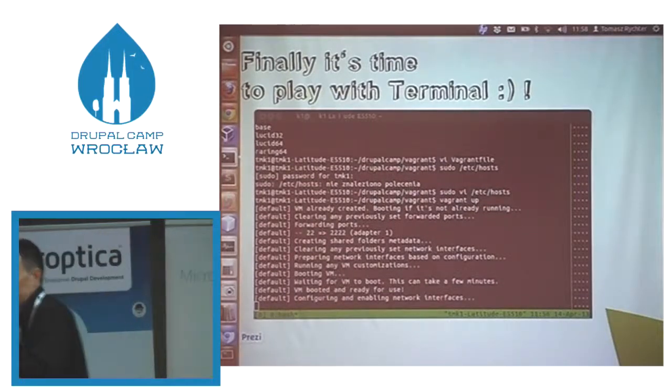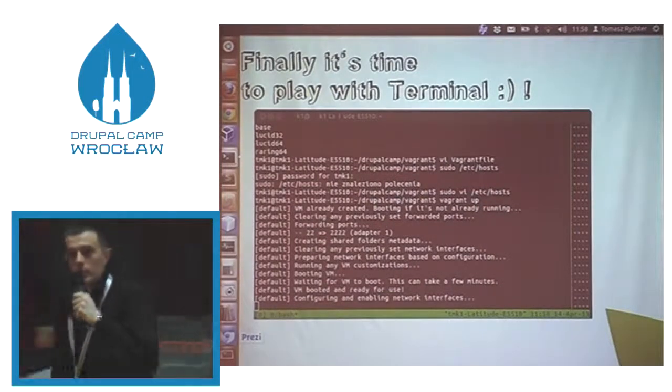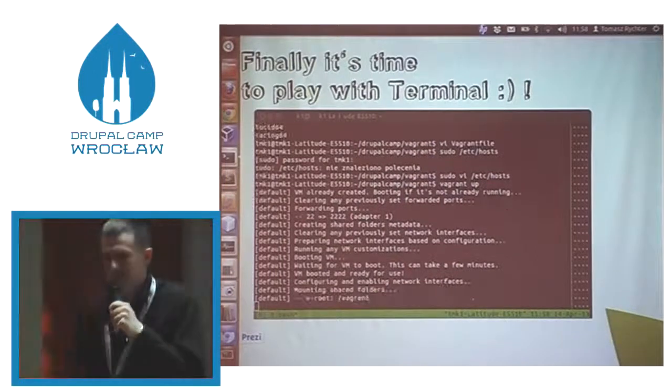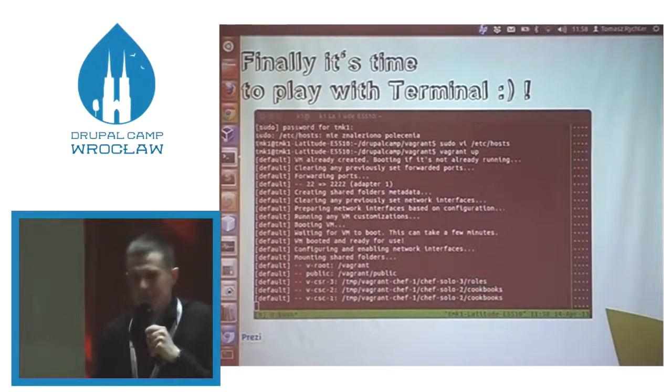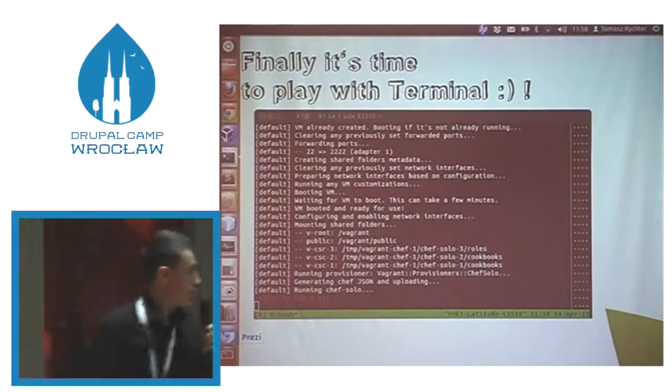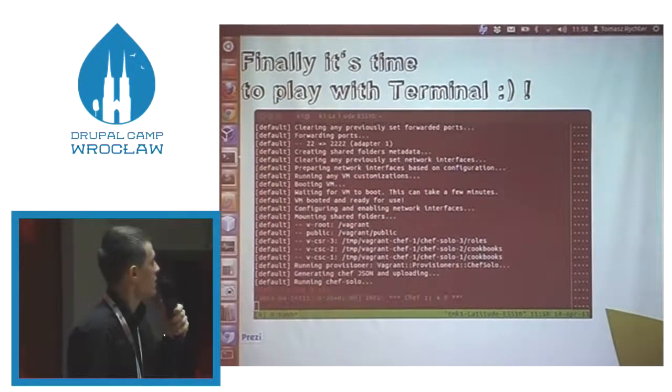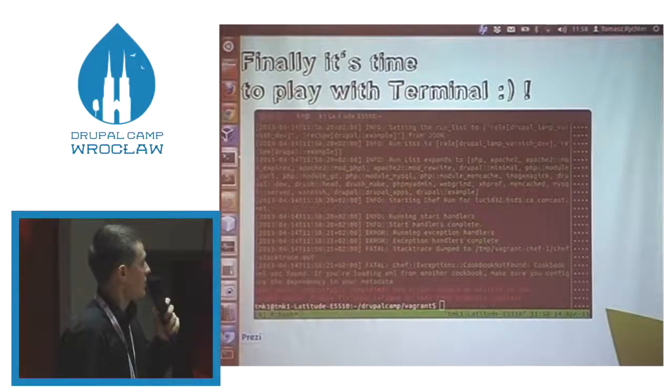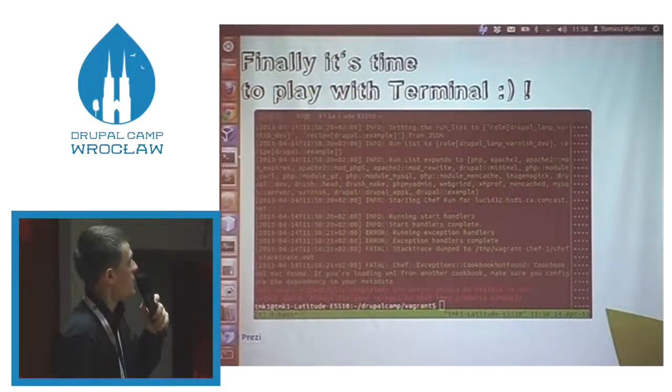But for a moment I was asked to ask some questions to the audience and give some cups. You can see that the Chef provisioning tool started to work and started to check what things it needs to prepare inside our machine.